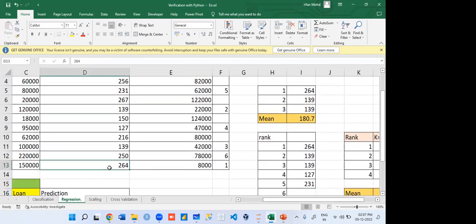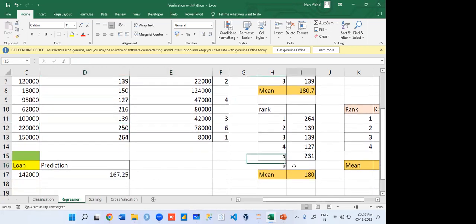Rank 1 is what is the Y value? 264. Rank 2. Rank 3, compare with your book. Rank 4. Rank 5. 231. Rank 6. 250.